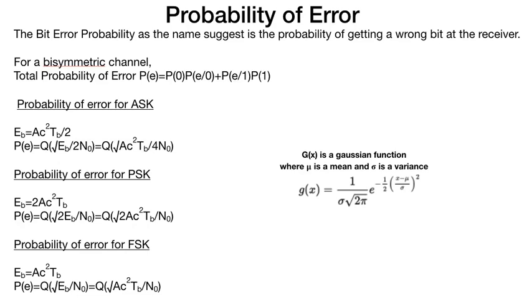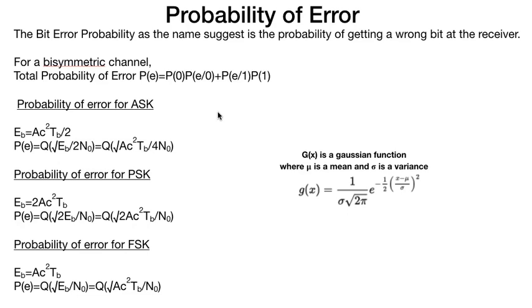Why I keep telling you about the bit error and the distances is because this formula will help, because eventually it helps you to calculate probability of error. Let me go step by step and make it clear what probability of error is.